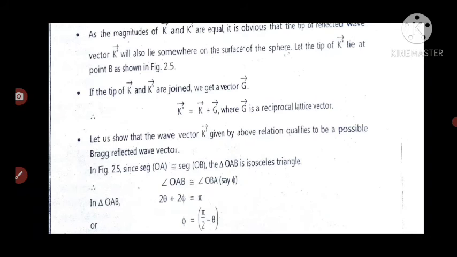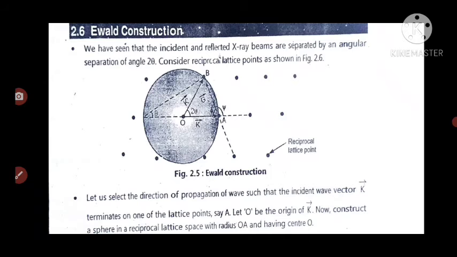See in this figure that triangle OAB is an isosceles triangle. By this triangle property, angle OAB is equal to angle OBA, both angles are the same, and the angular separation at point O is 2 theta.